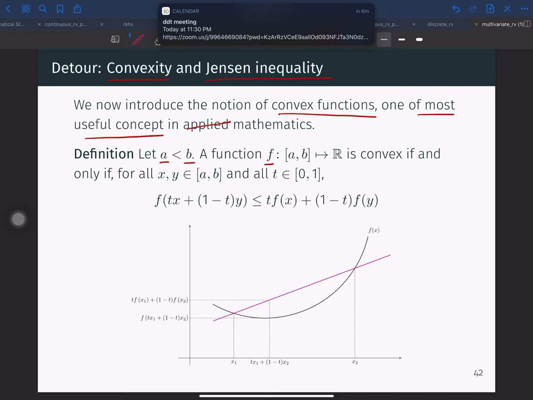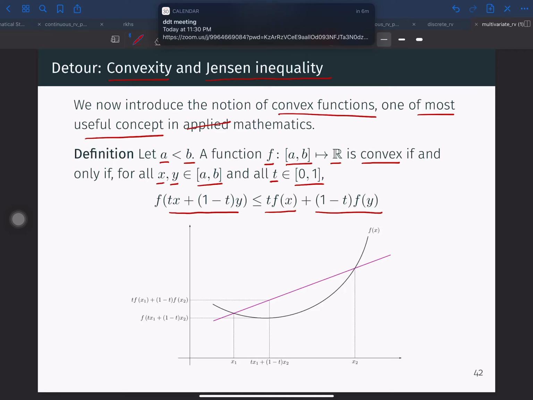A function f on the interval [a, b] mapping to the real line is a convex function if and only if for any two values x and y in the interval, and for any constant t in [0, 1], the function evaluated at the linear combination of x and y, f(tx + (1 - t)y), is less than t times f(x) plus (1 - t) times f(y).